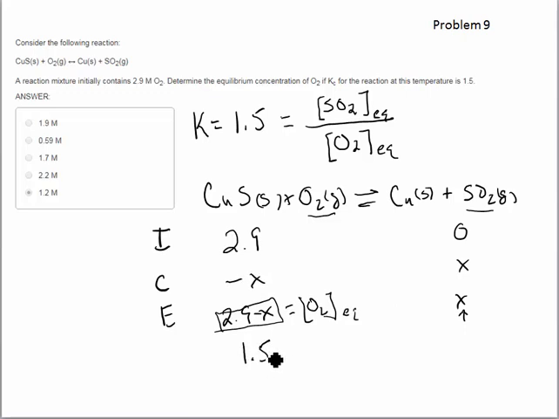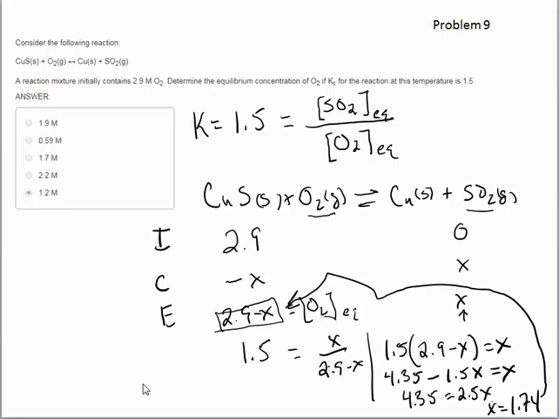Our equilibrium constant is 1.5, and that's going to be equal to X over 2.9 minus X. So I do my rearranging, and I am not going to be able to finish this. I've just got a few seconds here, and I've done the rest of the algebra. Don't forget, you've got to take that 1.75 and subtract it from 2.9.